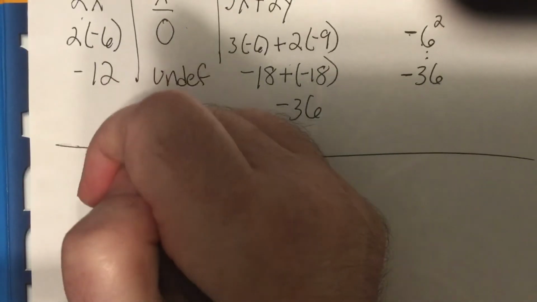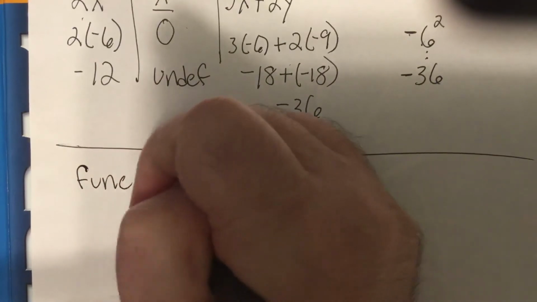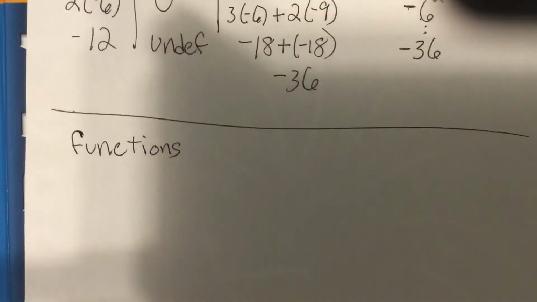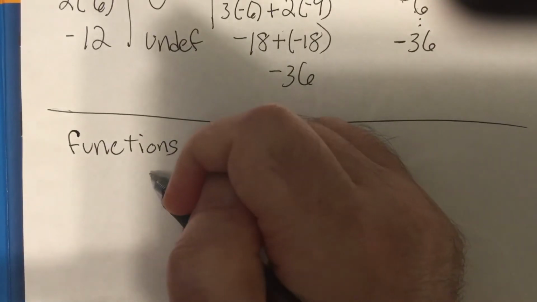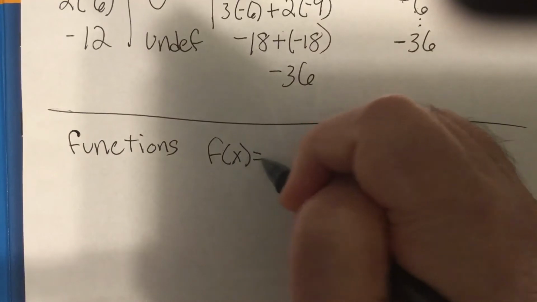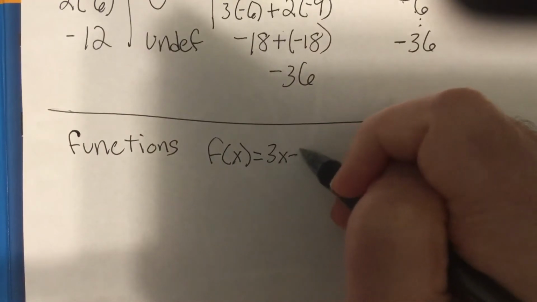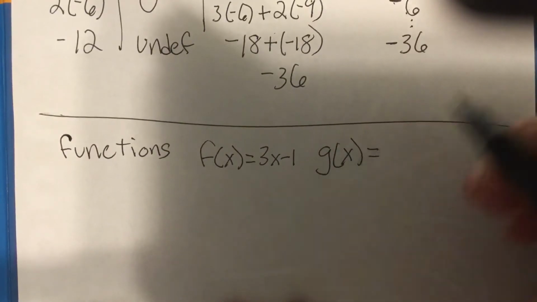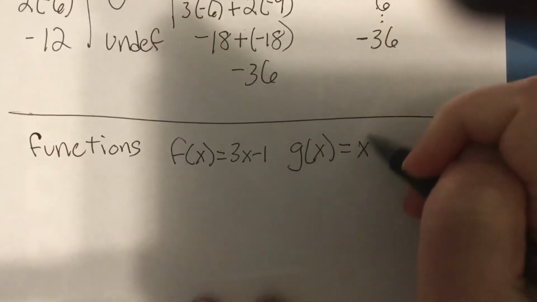Now we're going to talk about functions. Now a function is just naming a mathematical operation. So let's say I say f of x is 3x minus 1, and g of x is x squared plus 1.